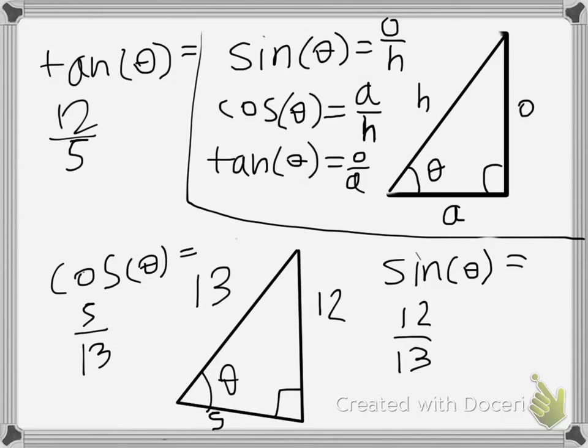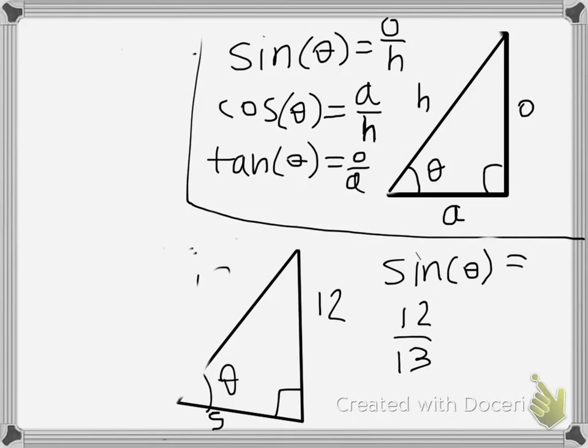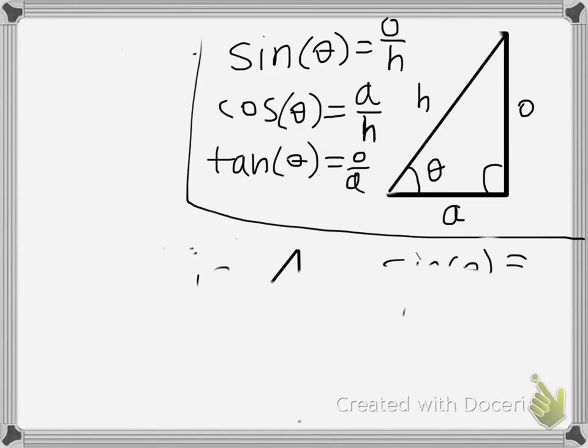So that's how to find the trig ratios for that triangle using just this formula right here. And let me do one more trickier example, and that will be it for this video. So I'm going to do something different.